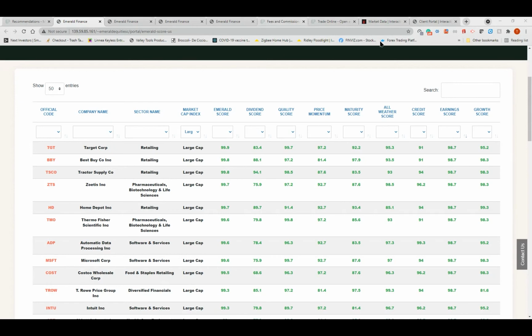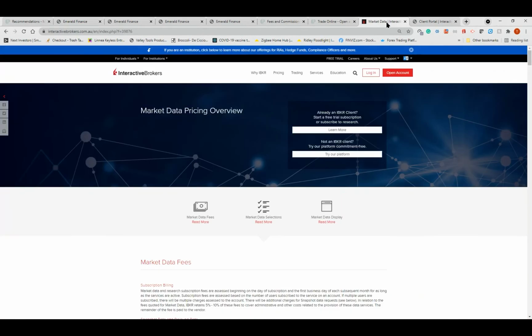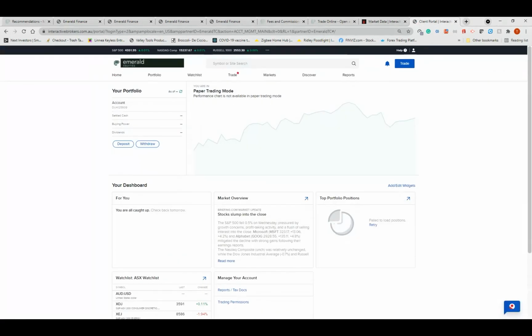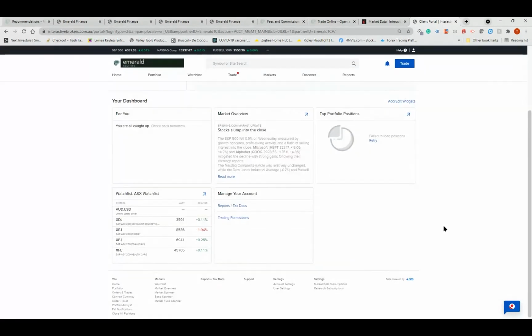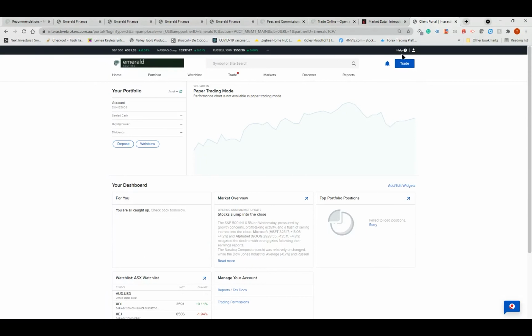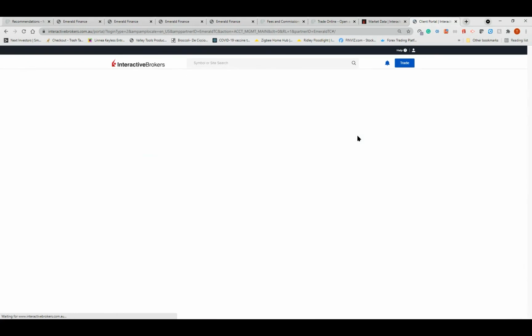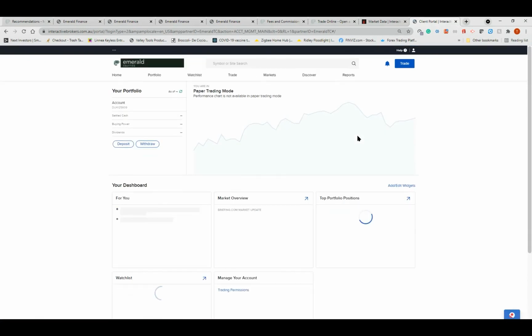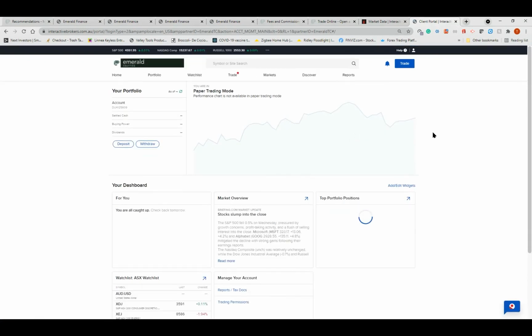So what I want to demonstrate here is just this, let's say we like Microsoft, right? MSFT is the code. I simply come in and I log into the client portal, and this is paper trading mode, guys. Okay, so I'll just refresh that to make sure, because it has been sitting stagnant for a little while. I'll just refresh there.